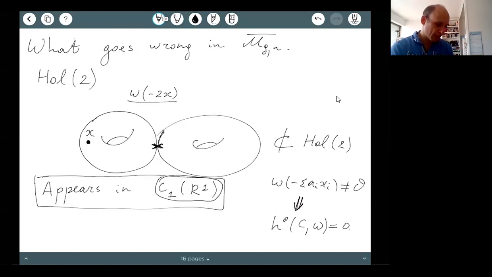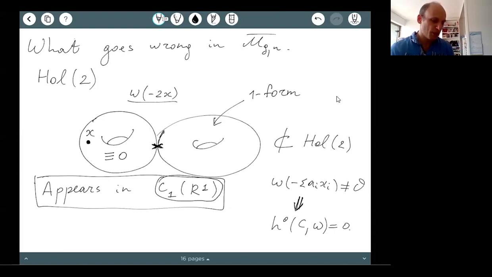It has the following section. It is identically equal to 0 on the left component. And it is a holomorphic one form on the other elliptic curve. So there are two elliptic curves. As you know, on every elliptic curve, there is one unique holomorphic one form up to a multiplicative constant.